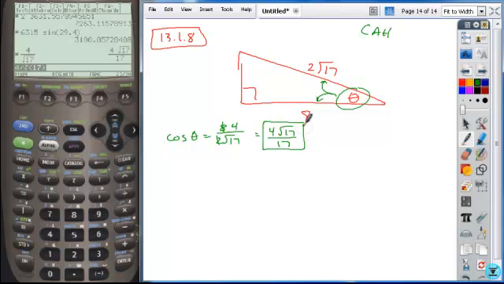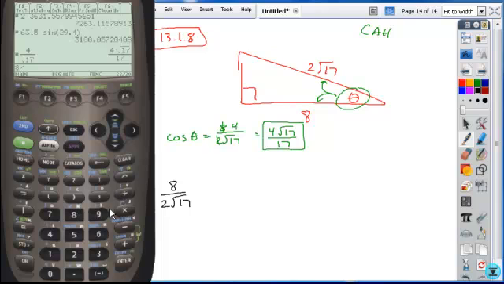Now let me show you the common mistake that you guys tend to make. I'm willing to bet over half of you made this. If you took just the original number here, 8 over 2 root 17, and entered it in your calculator, 8 divided by 2 square root 17, and hit enter, notice this gives you a different answer than what we found here.